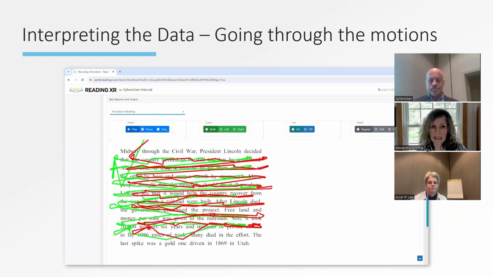So with somebody like this, what would be very important is that we slow them down, and we would need to implement many comprehension checks that are very text dependent. So these cannot be comprehension checks where they can use background knowledge, or they're not going to shift their habits.